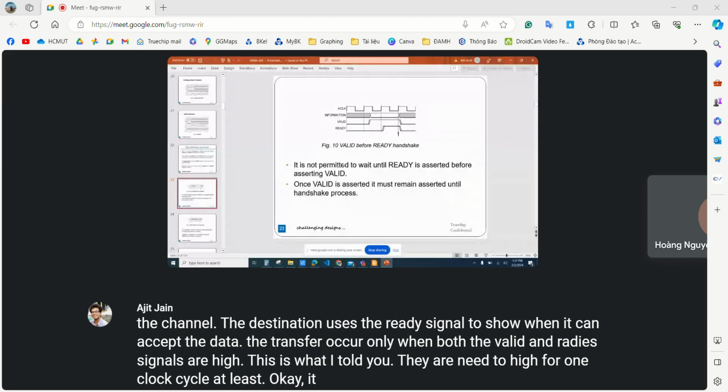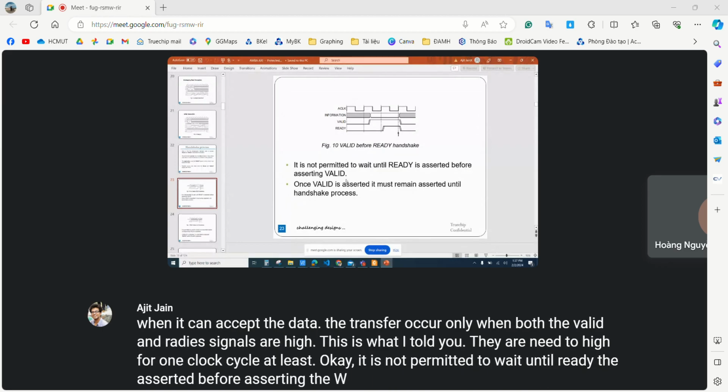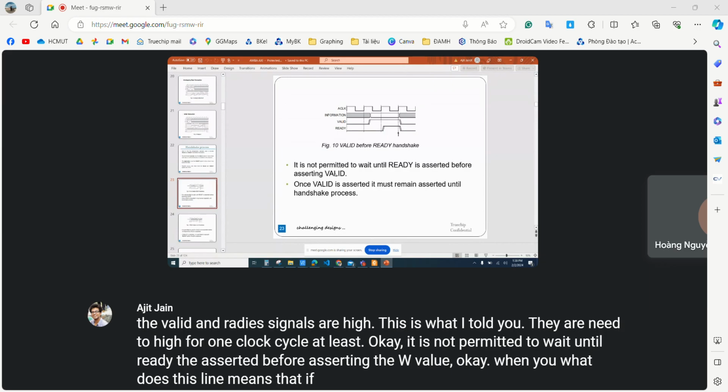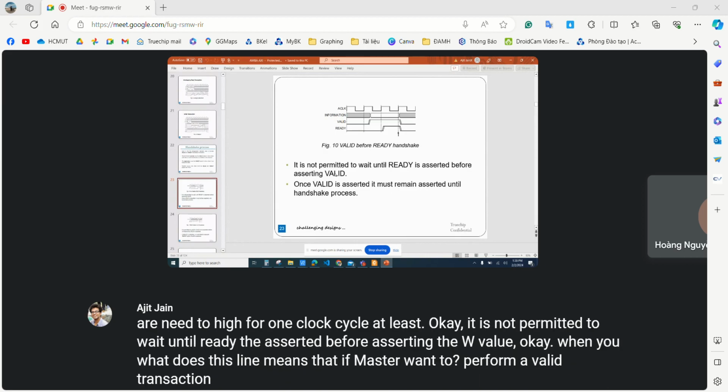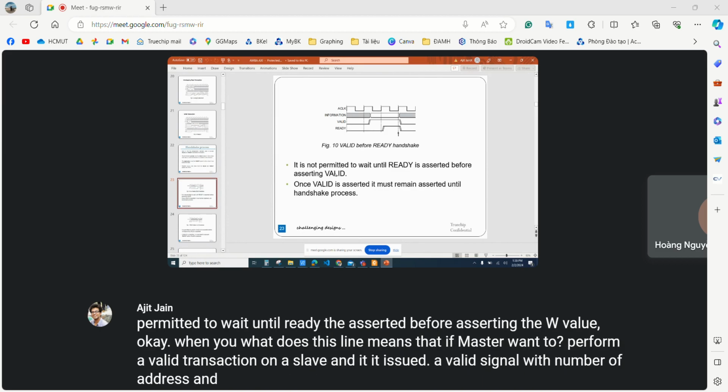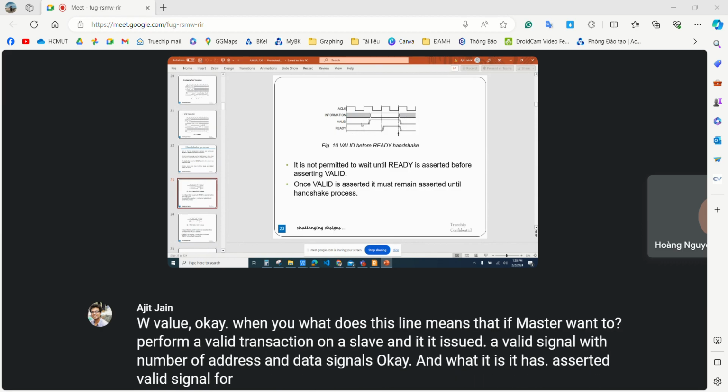Okay. It is not permitted to wait until ready is asserted before asserting W valid. What does this line mean? If the master wants to perform a transaction on a slave, it issues a valid signal with the address and data signals. Say it has asserted valid for 2 clock cycles, but during those 2 clock cycles ready does not get asserted.